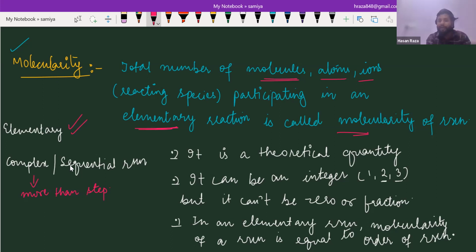There is no meaning of molecularity for a complex reaction, but you can get a molecularity of an elementary reaction, whereas order of reaction can be defined for an elementary reaction as well as a complex reaction. Is that clear? Yes, sir.